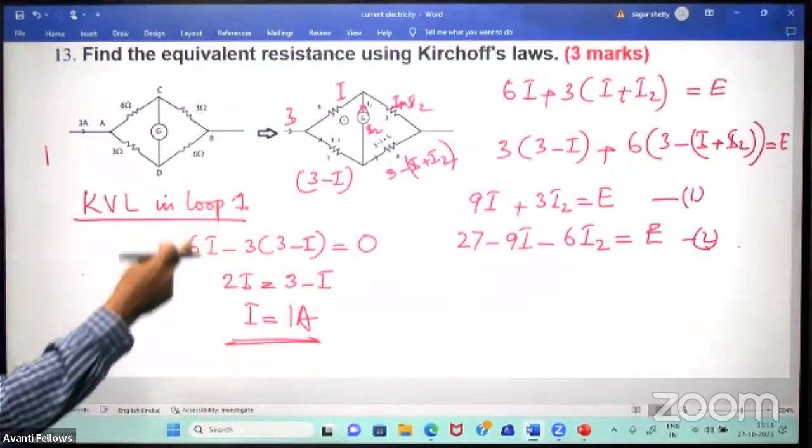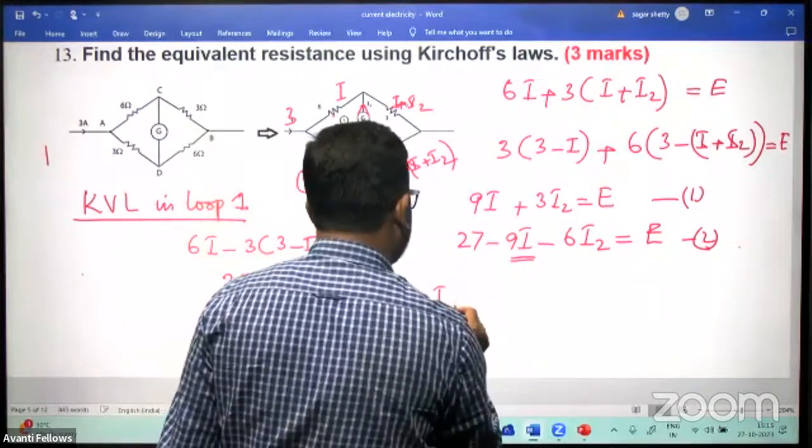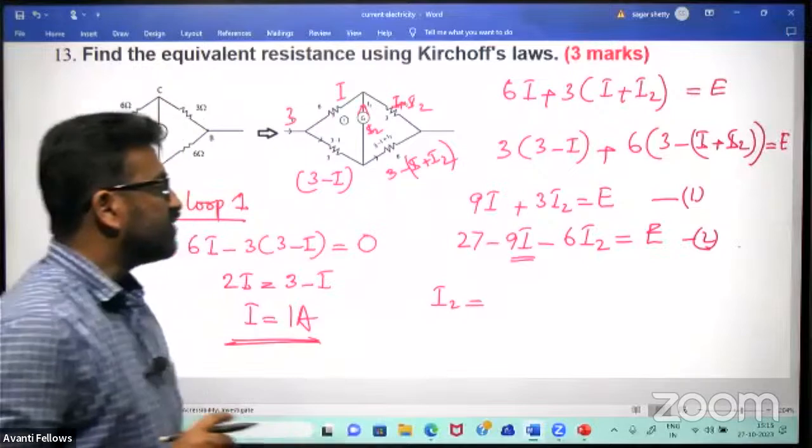Then substituting the value of I here in this equation, how much do we get for the value of I2?